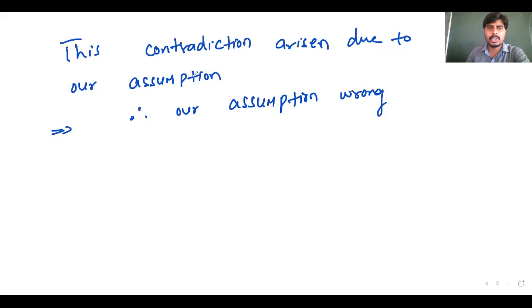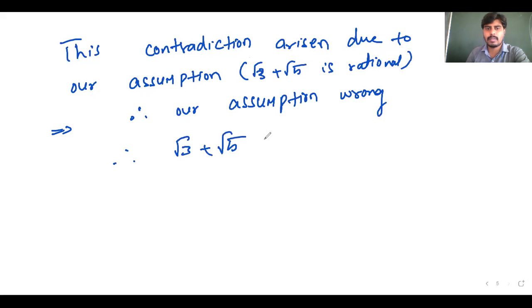The contradiction arises due to our assumption that root 3 plus root 5 is rational. This is our assumption, right? So our assumption is wrong. Therefore, root 3 plus root 5 is irrational. Yes, Nana? If any doubts, you can ask.